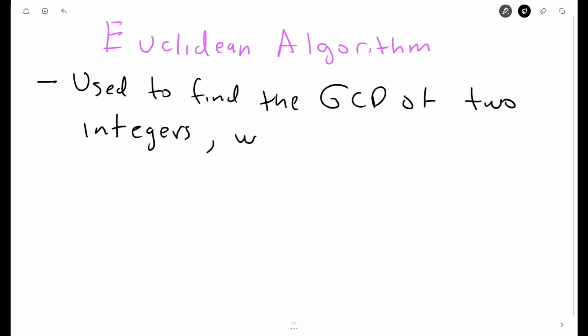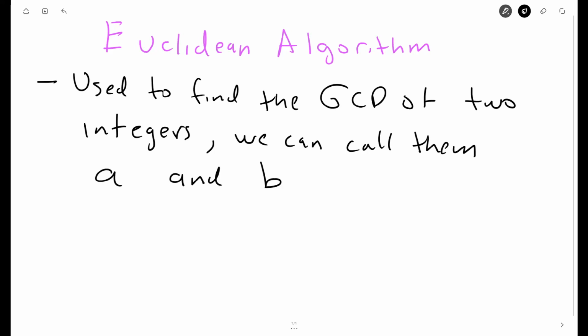We can call them A and B. The GCD of the two numbers is the largest number that divides both of them without leaving a remainder.